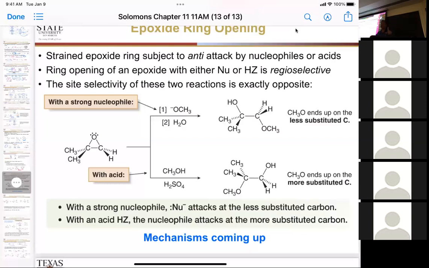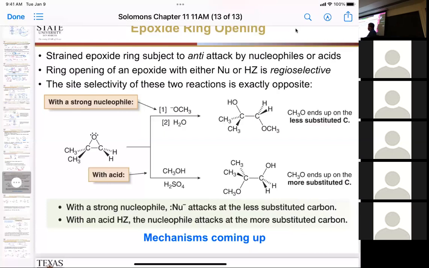Okay, it has a different mechanism, because in this mechanism, all it is is a standard SN2, where your O minus here is our leaving group, and then eventually gets protonated. So this was our nucleophile SN2, and we get attack on that less substituted side.